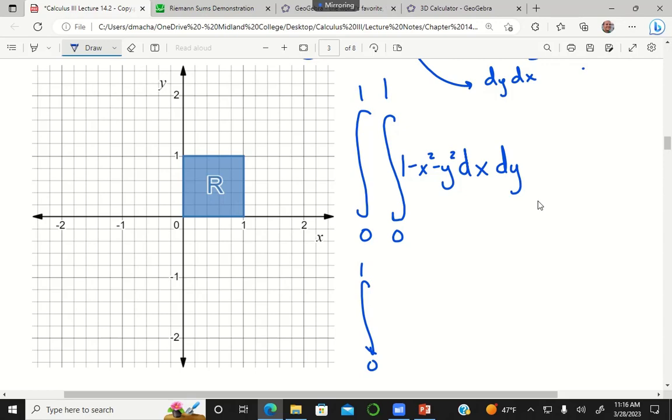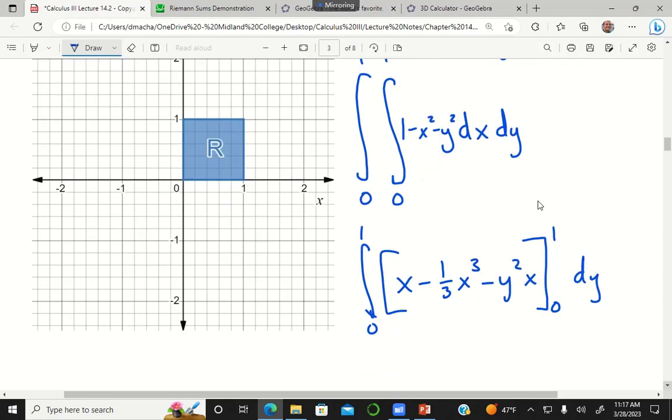If I take the antiderivative of this with respect to x only, then that's going to be x minus 1/3 x cubed minus y squared x, evaluated at 1 and 0, dy.